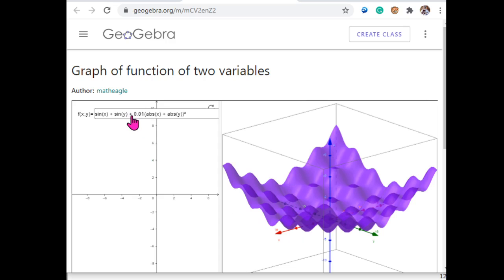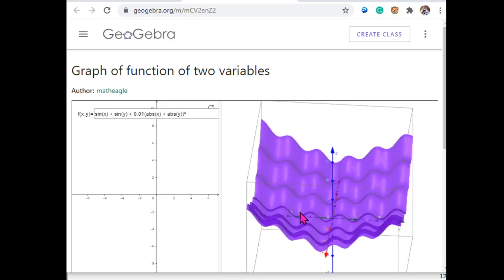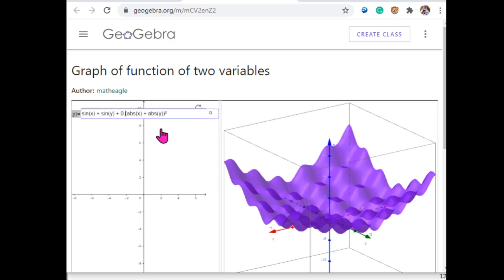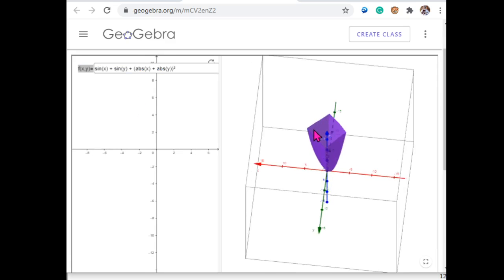And notice that what we're adding is this absolute value of x plus absolute value of y quantity squared. It's trying to create a bit of a parabola-like effect as you move around. And that 0.01 is just meant to create a vertical compression, because when I did this with no number in front, which would effectively be a 1, it was just too tall to see what was going on.